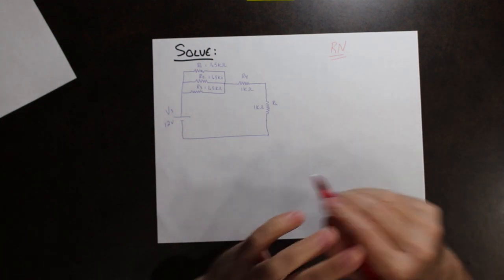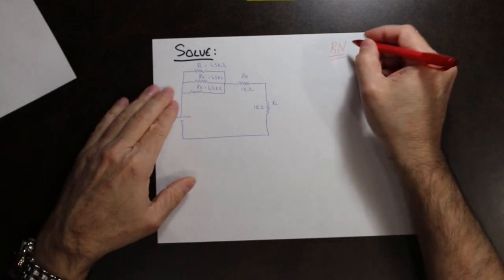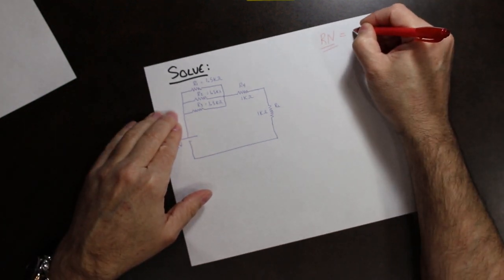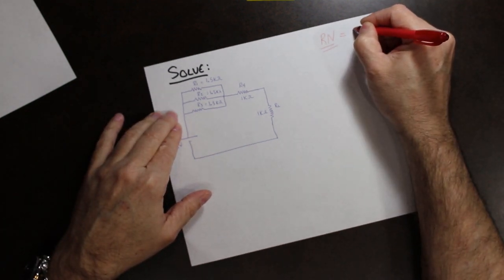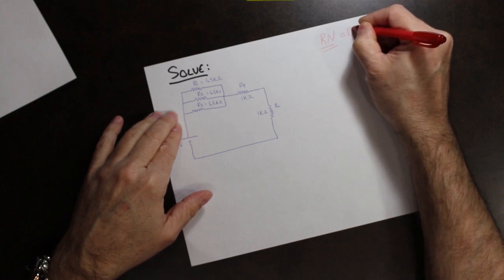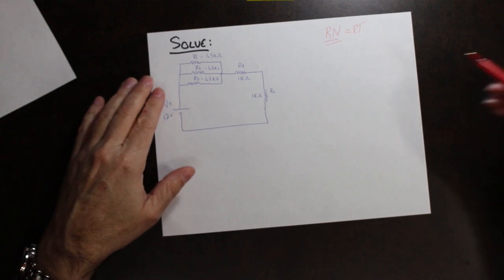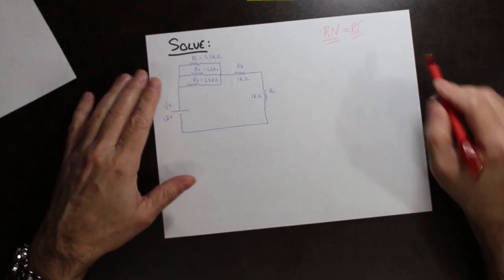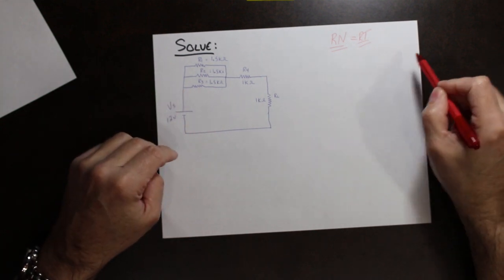Now, one nice thing is, if we've already studied Thevenin's, you're going to find out that Thevenin's resistance is exactly the same as resistance for Norton. So the procedure is exactly the same.